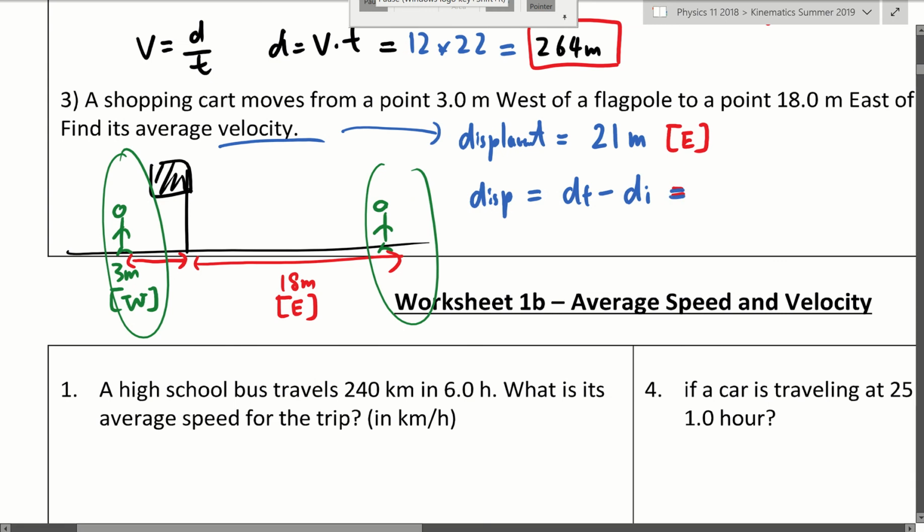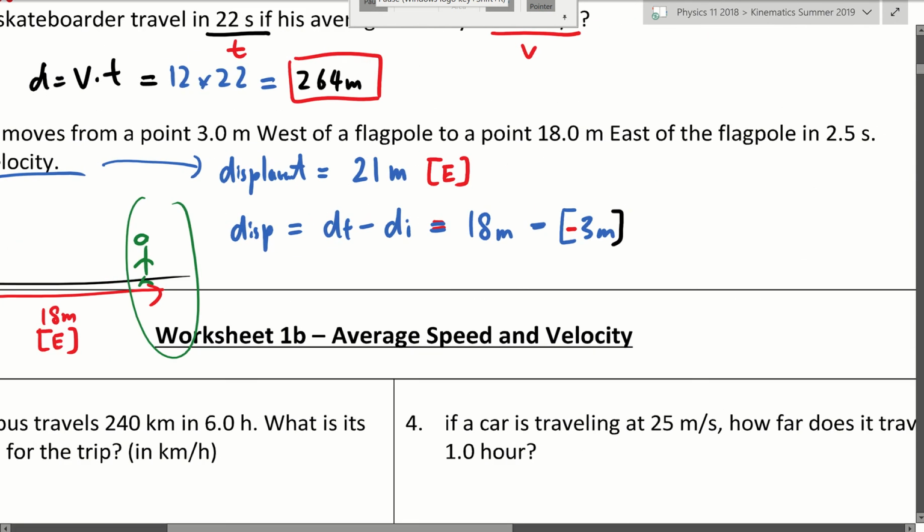You are 18 meters east. So 18 meters minus initial. Initially, you're 3 meters west, but remember, west is negative. So it becomes 18 minus negative 3, which gives you 21, right? That double negative actually works out.